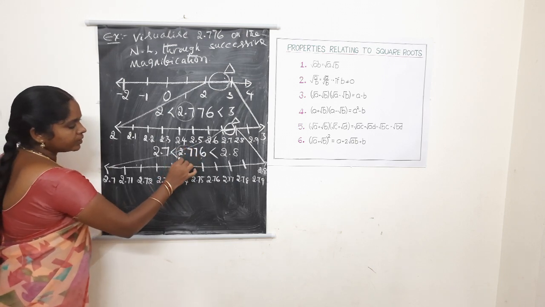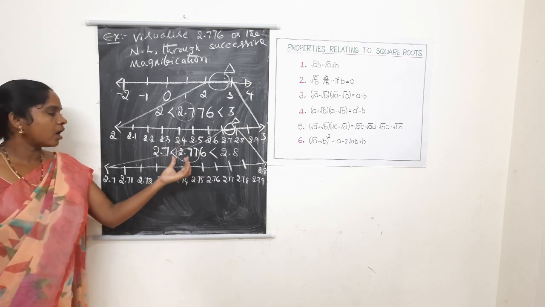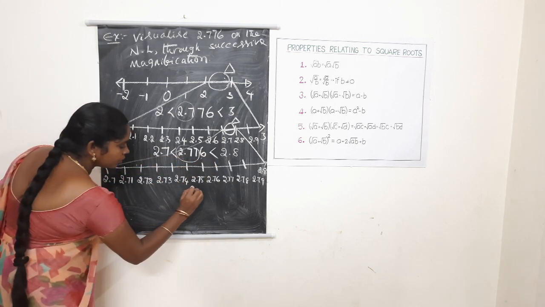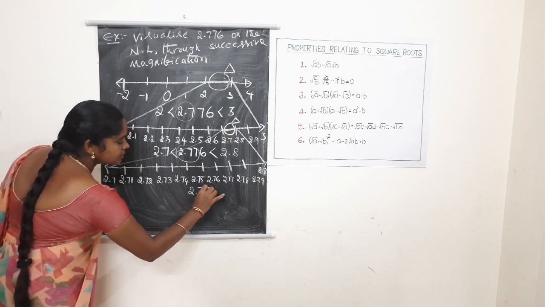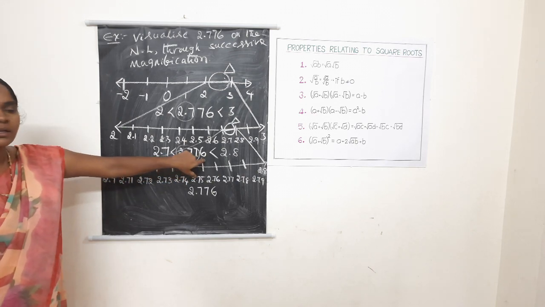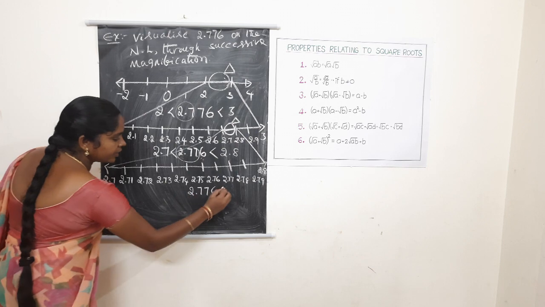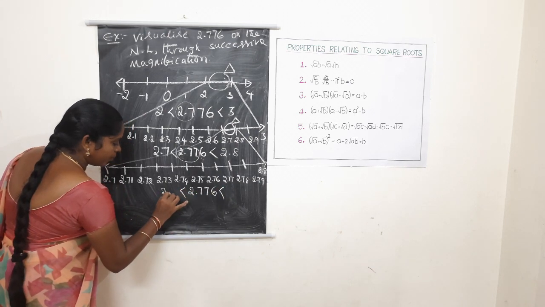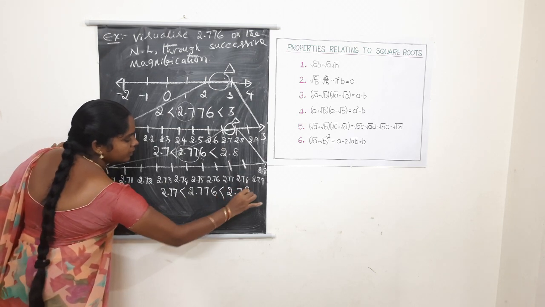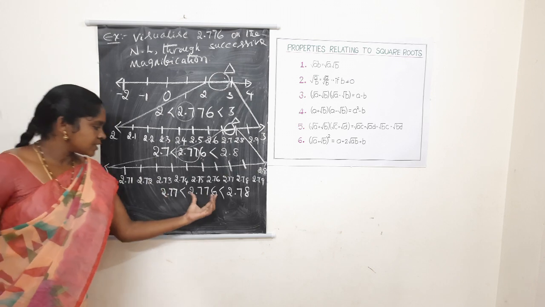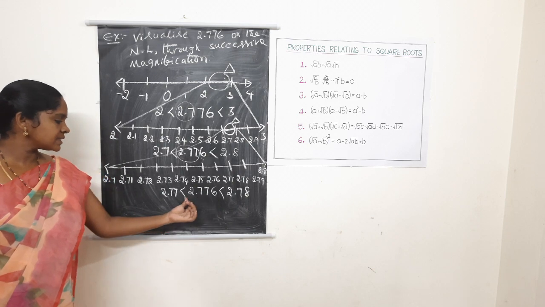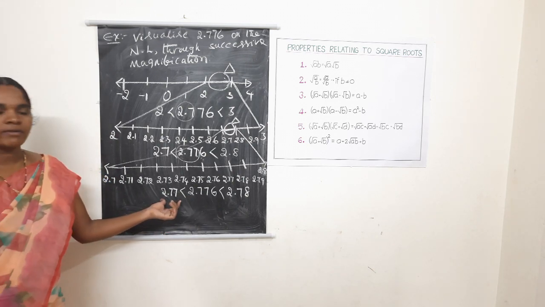After 2.77 there is something. So this number 2.776, after 2.77 there is something, lies between 2.77 and 2.78. So this number is smaller than 2.78 and greater than 2.77.